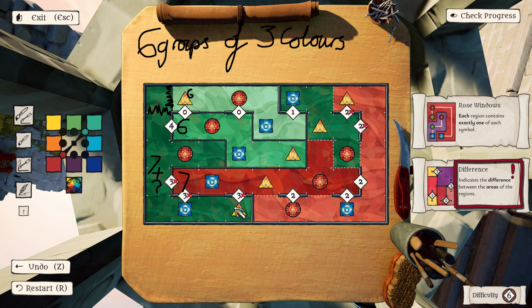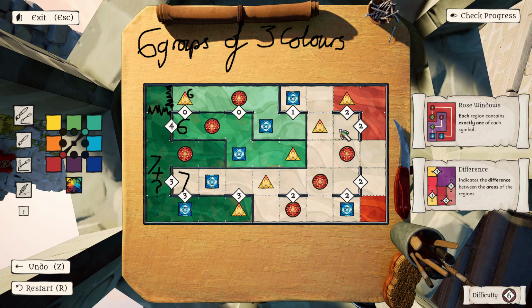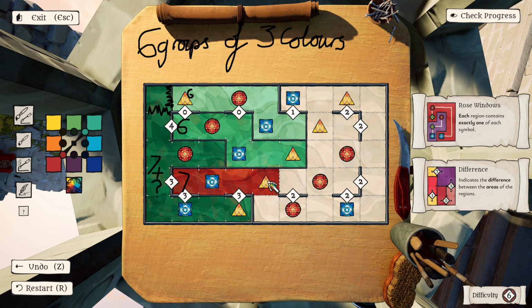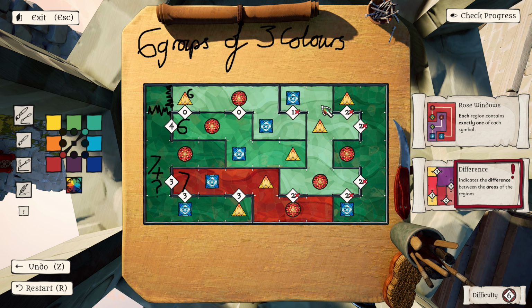Also, this doesn't work. Because that's, oh yeah, it's not a 7 anymore. 4, 5, 6, 7. I mean, that has to be true. But we know that doesn't work.